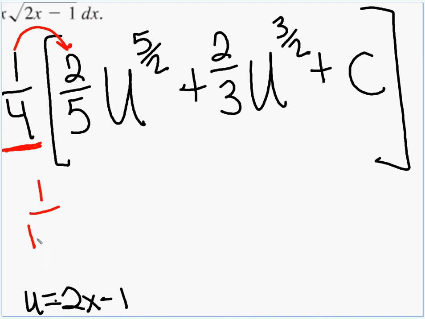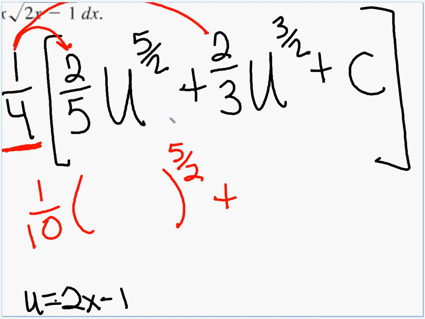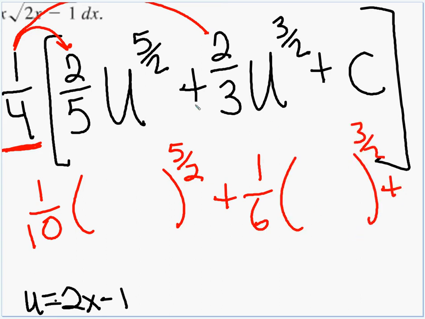U to the 5/2. Plus, we're going to distribute the 1/4 here. So that would be 2/12, or 1/6, u to the 3/2 plus 1/4 times an unknown arbitrary constant is just another unknown constant.